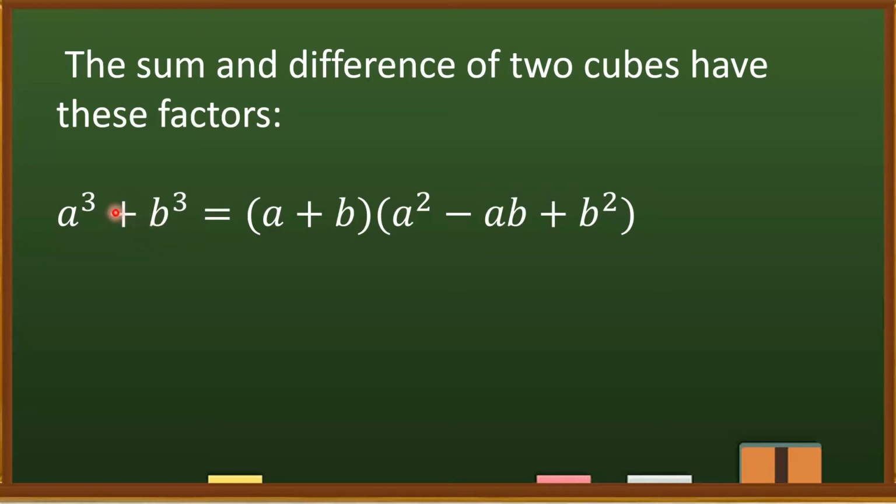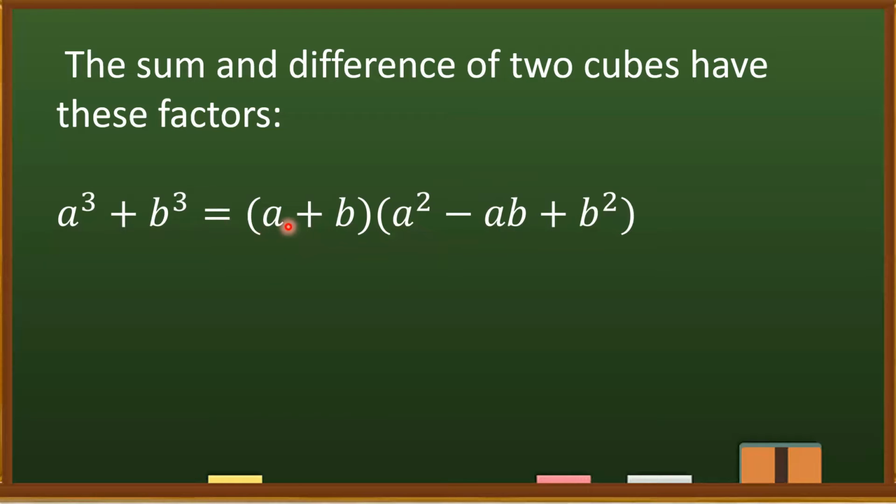Okay, and then kapag positive daw yung operation na given, ito yung magiging factors natin. Okay, isang binomial factor and isang trinomial factor. Kapag positive yung given, yung binomial factor natin ay positive. And then yung trinomial natin, yung middle term should be negative. Don't forget that.